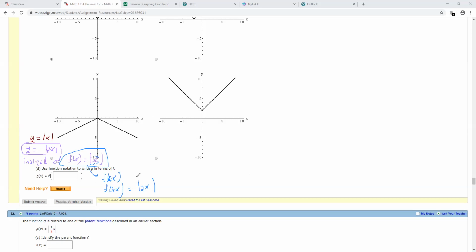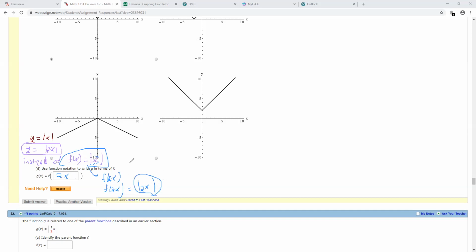But what is the change on the original function? Instead of it being f of x, it now became f of what? 2x. So right here we put a 2x, which then would give us this part, which is what was happening.